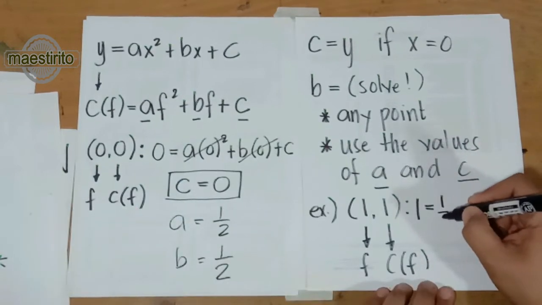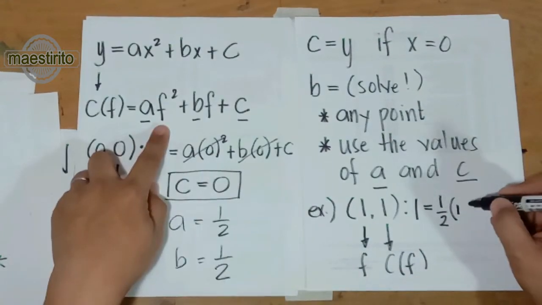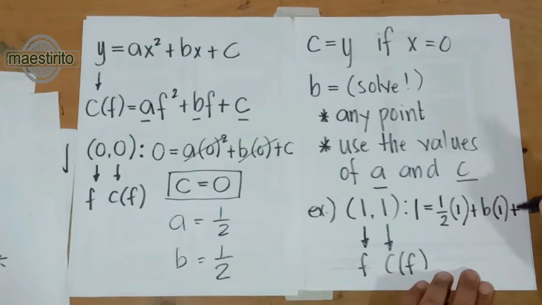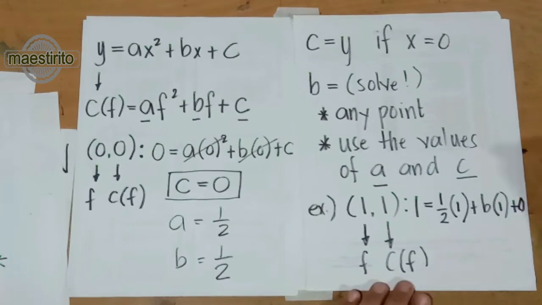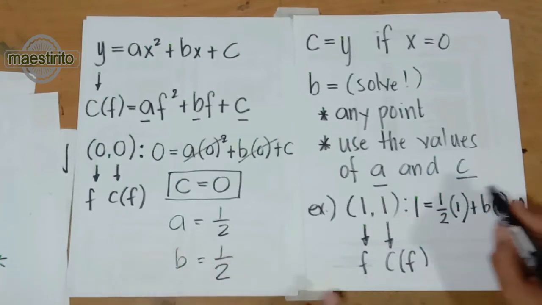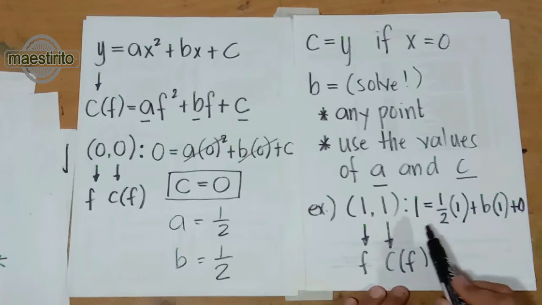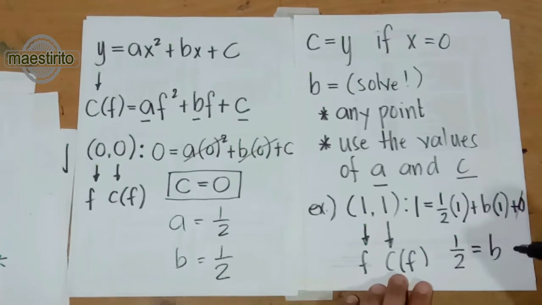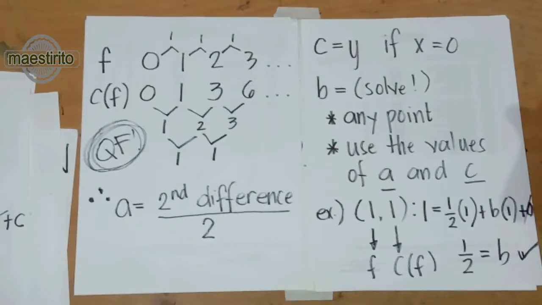So that's 1/2 times F, which is 1, plus B times F, which is 1, plus C, which is 0. Okay, so if you continue to solve this, that's 1/2 times 1, then transpose, so that will give you 1 minus 1/2. Of course, it will give you 1/2, equals B times 1, so B is 1/2. Diba? There you go. My first Tagalog. O, diba?